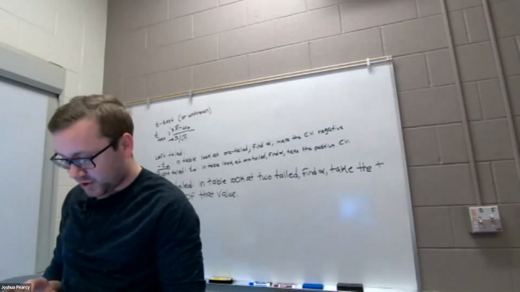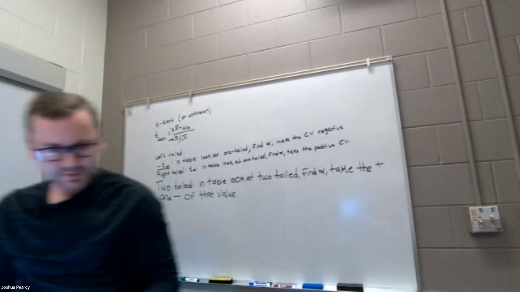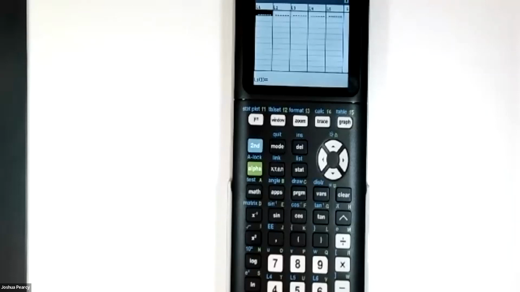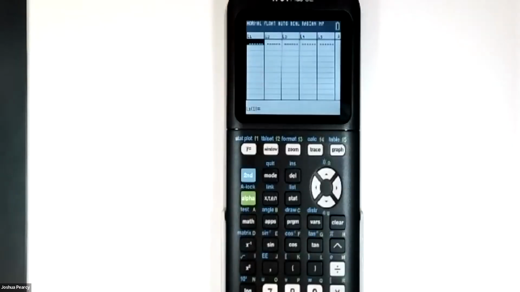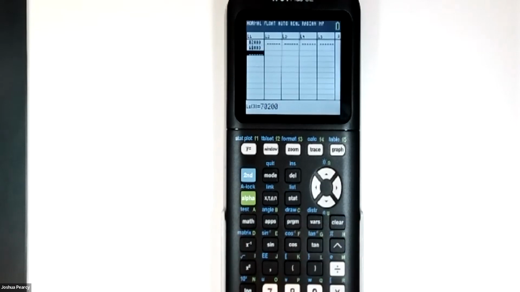Let me make sure I don't have anything in my list. Okay, good, I don't. So just in the first column, enter in the salaries. So 82,000, 68,000, 70,200, 75,600.